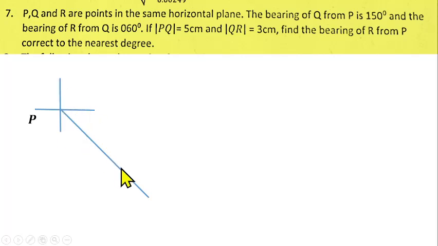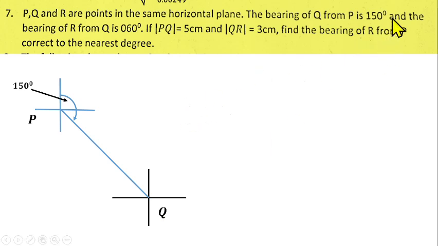So 150 will fall here. So draw a straight line here from P to this Q, and the angle from the north to this is 150 degrees. Then this point here is going to be point Q. So draw a cardinal point to represent Q here as well. Do we understand that? Good.